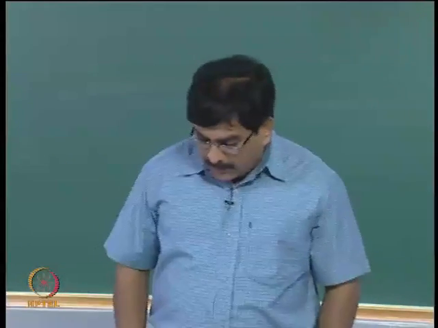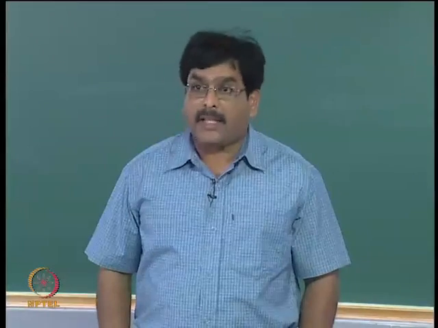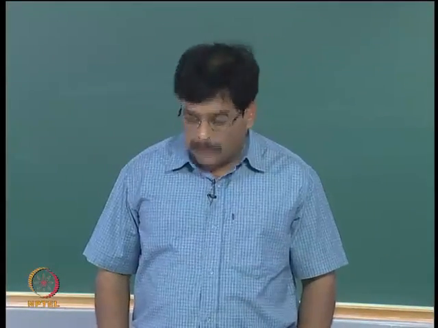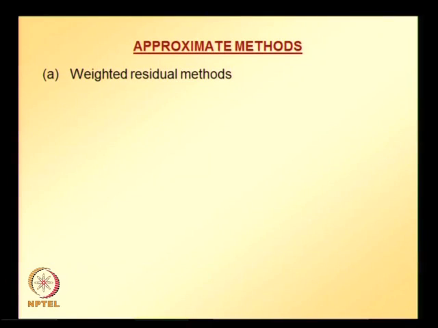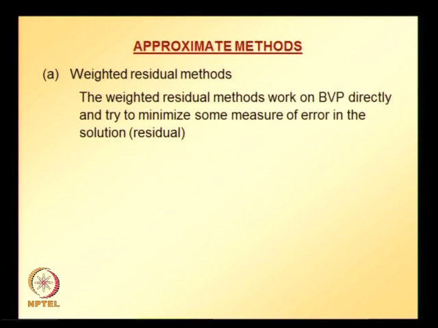So basically all the classical methods can be categorized into two groups. One is called weighted residual methods. The weighted residual methods work on the boundary value problem directly and try to minimize some measure of error in the solution, which is called the residual.